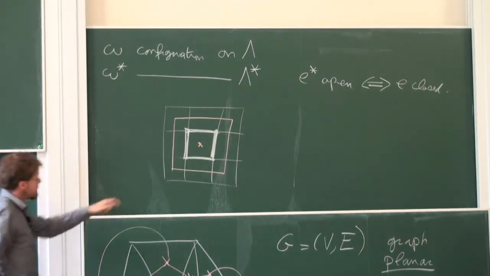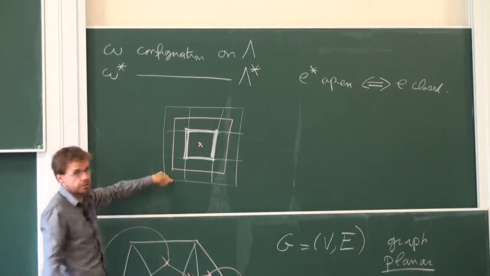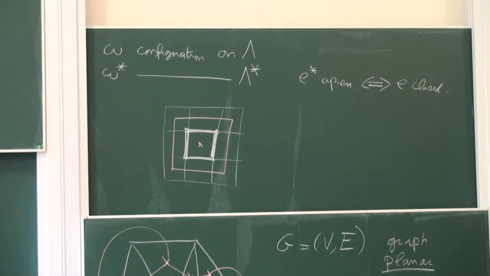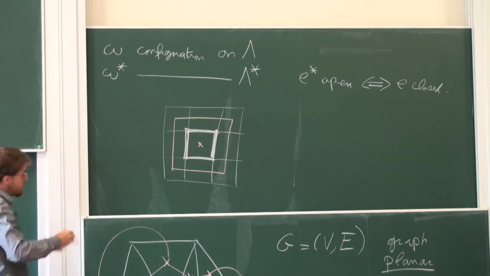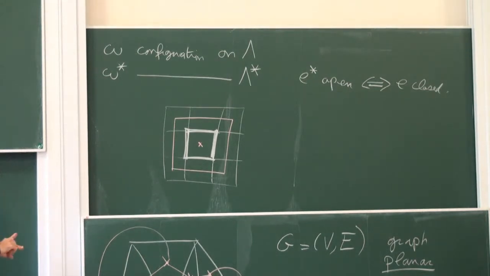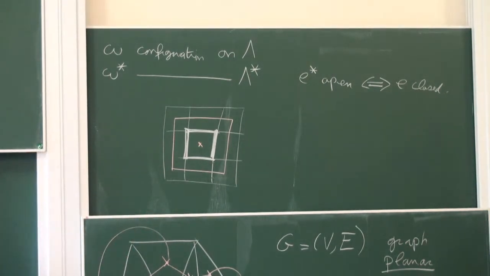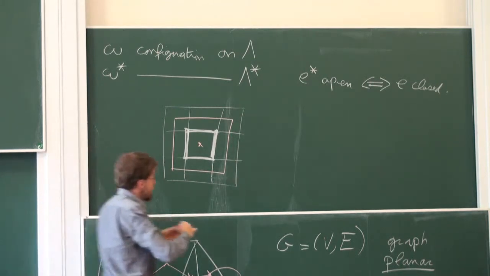And you see that this cluster here of omega is surrounded by a circuit in the dual configuration. So this is something that will be helpful because the topology of omega and omega star are related. And somehow you want to say that if omega has large components, then omega star has to live in the holes of omega, so it has to have small components. And if omega has only small components, it leaves a lot of room for omega star, so omega star will have huge components.